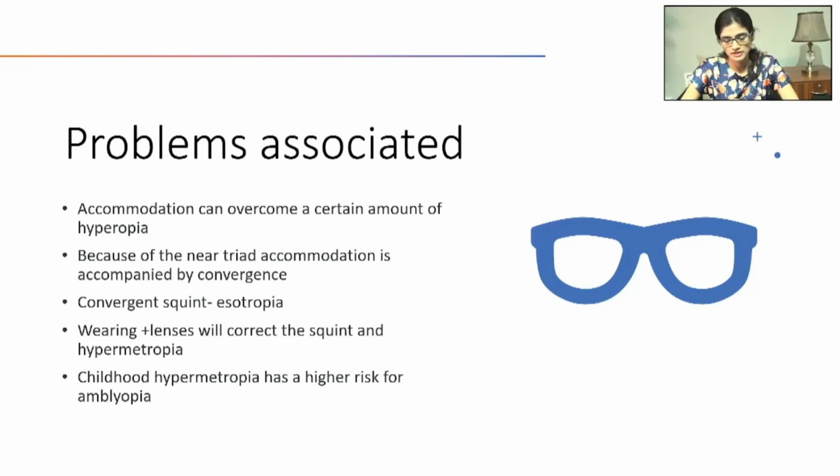The other important thing about childhood hypermetropia is that because they can't focus on far objects and also near objects, they are likely to develop amblyopia. Amblyopia is a condition where the structure of the eye is normal, but the brain does not take up the signals of the eye, because the eye has not given properly focused images to the brain during the brain's development period.